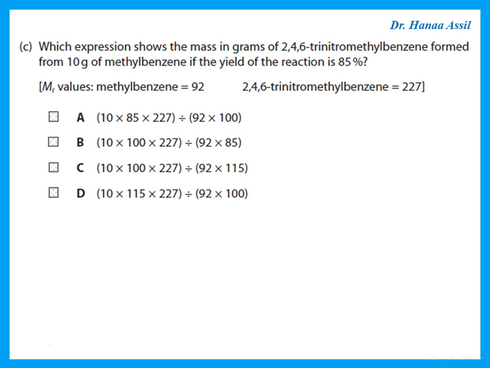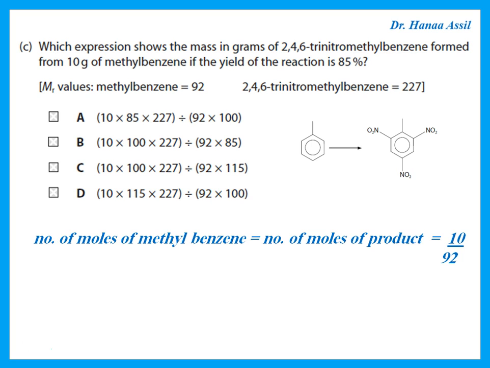Which expression shows the mass in grams of 2,4,6 trinitromethylbenzene formed from 10 grams of methyl benzene if the yield is 85%. So this was the equation. He started with methyl benzene and he's saying he has 10 grams and he's asking for the mass of the product. So of course, the first thing we get is the number of moles of the methyl benzene.